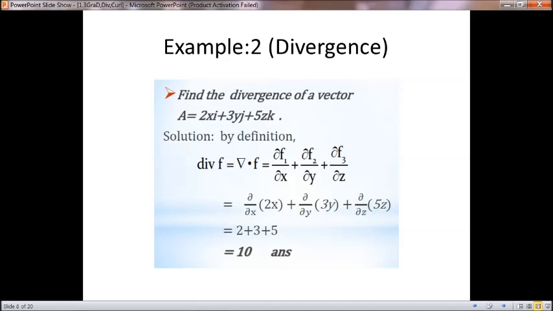So the value is 10, which is a scalar value. Giving one vector component to the divergence function, which is del dot f, it takes out the directional component and gives only the amplitude. This is the divergence function.